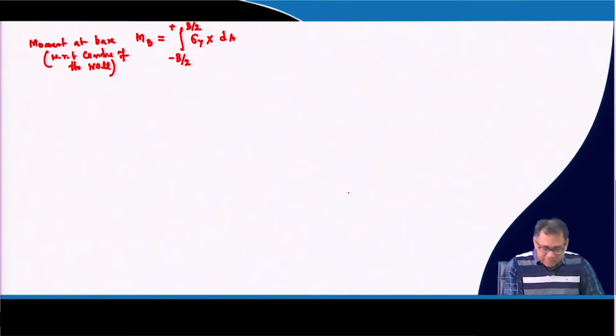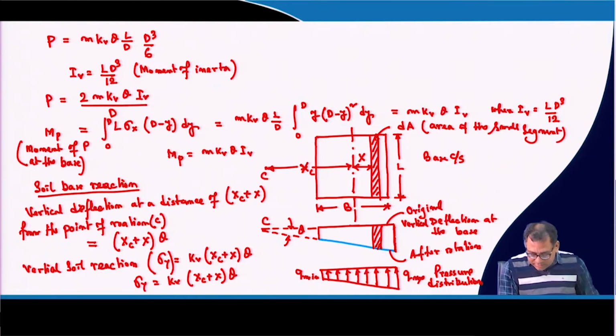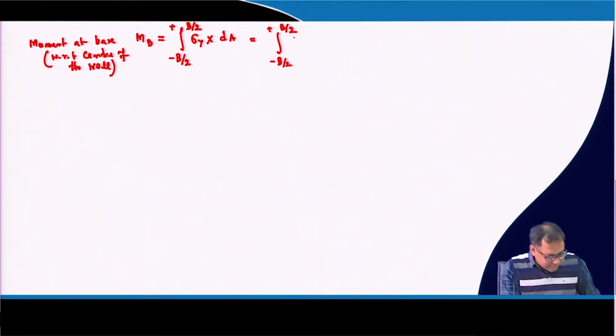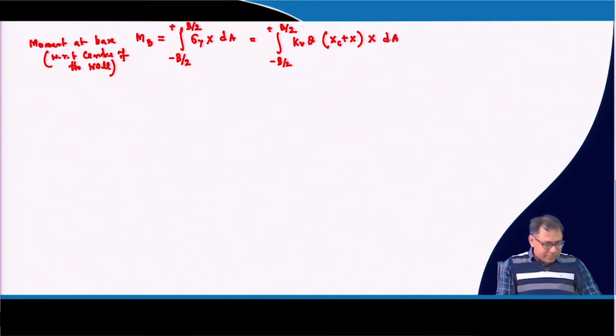Okay, so now we can write that this is minus b by 2 to plus b by 2, and sigma y is k v x c plus x theta. Then sigma y, we can write, is k v theta x c plus x into x into dA.